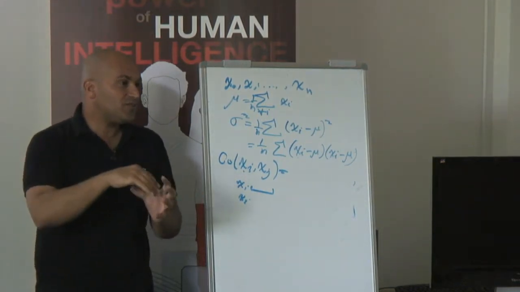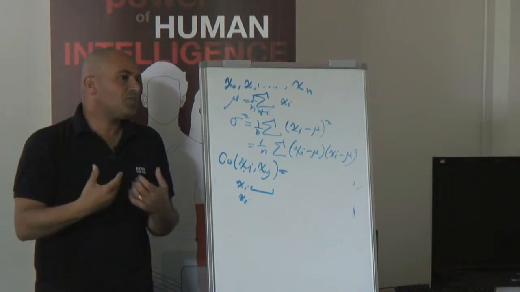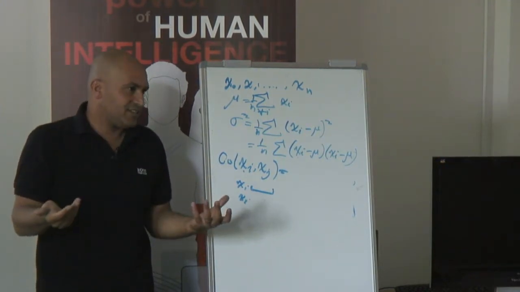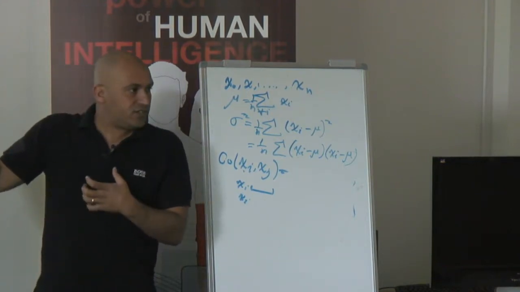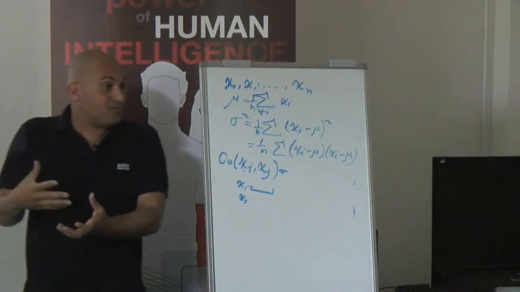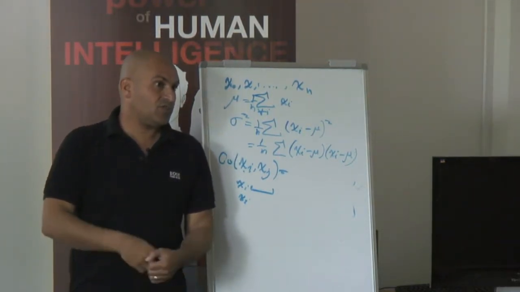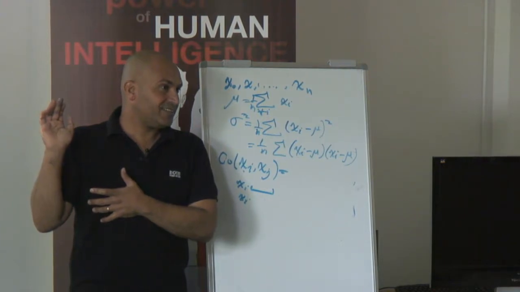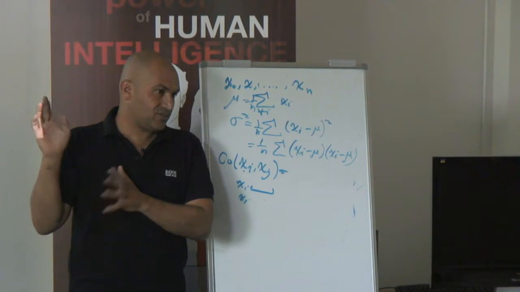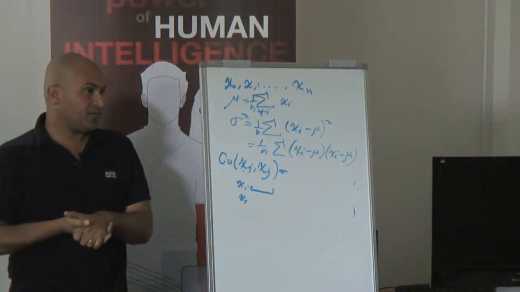So the mean is hidden. The hidden assumption within the covariance matrix is that the mean is 0, which means you lost the original mean. Is that clear? So you cannot really recover the mean from this.